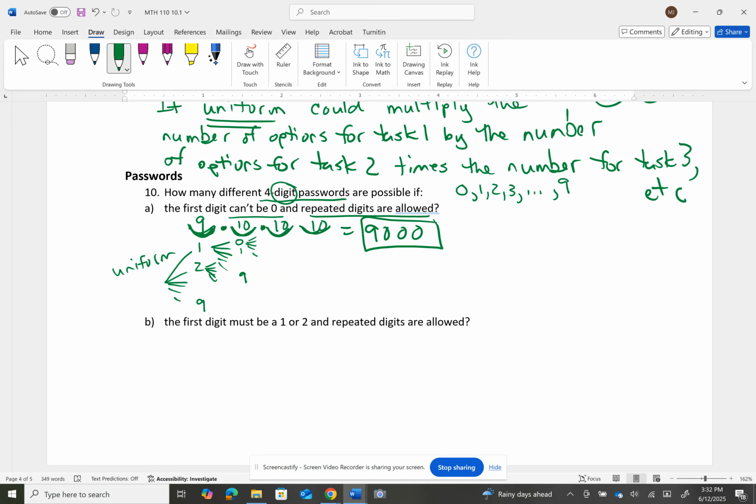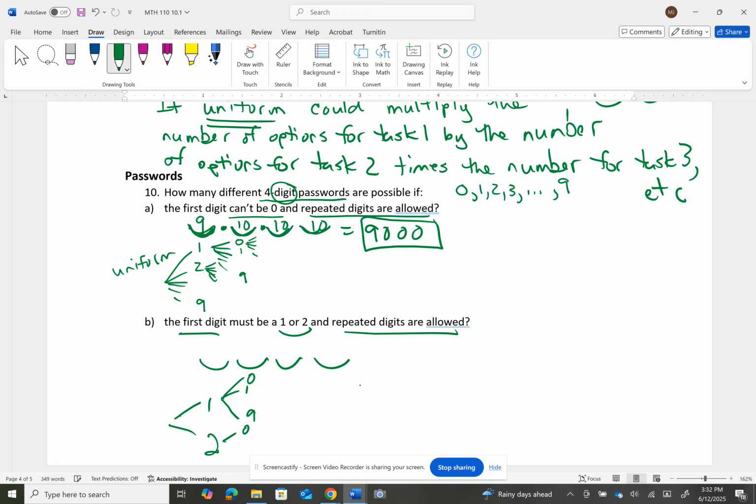All right, let's see this one. The first digit must be a 1 or a 2, but they are going to allow me to repeat digits. So it's still a 4-digit password. Think about your tree. It could only be a 1 or a 2 to start with, but then after that, I could have 0 or 1 all the way down to 9.